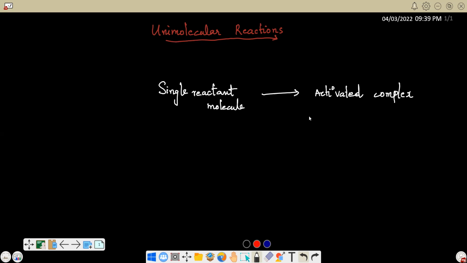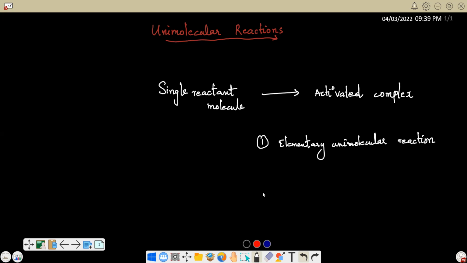The first category is the elementary unimolecular reaction. The other category is the reaction in free radical mechanism.